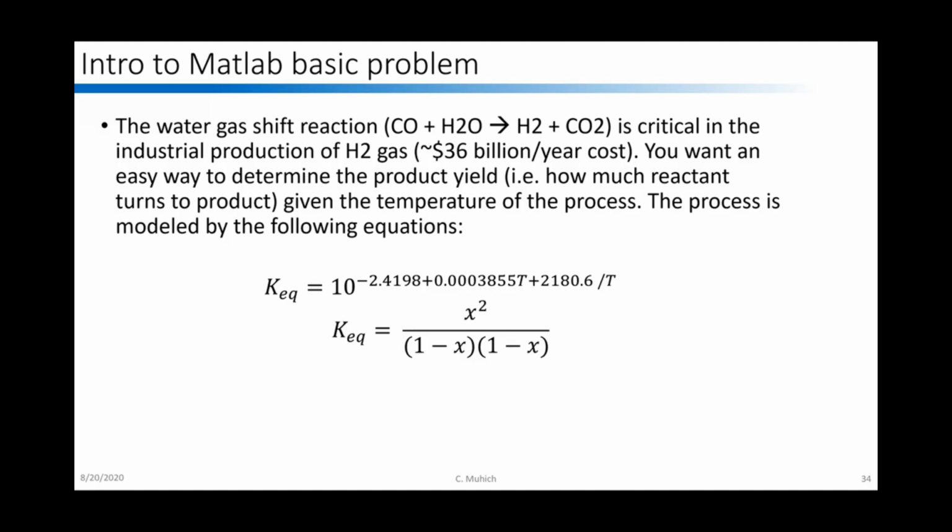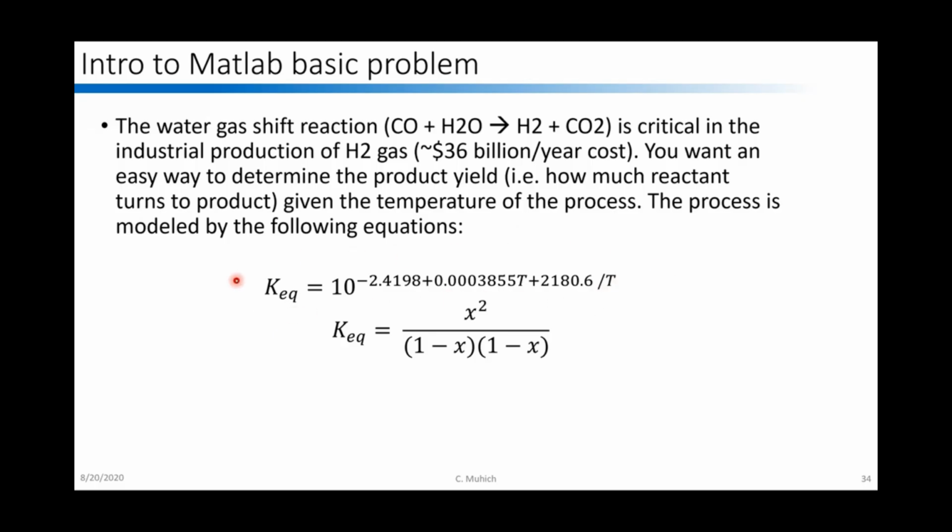That temperature dependency of the equilibrium is given by this equation here, where the equilibrium constant is 10 to the power of negative 2.4198 plus 0.0003855 times the temperature in Kelvin plus 2180.6 divided by the temperature once again in Kelvin. So this will give us our equilibrium constant.